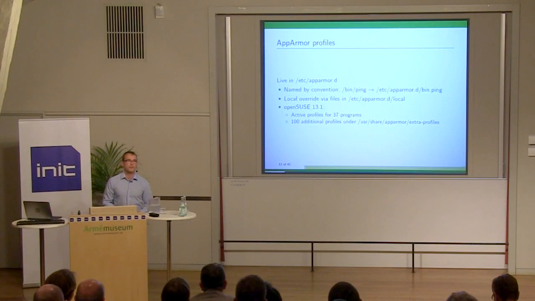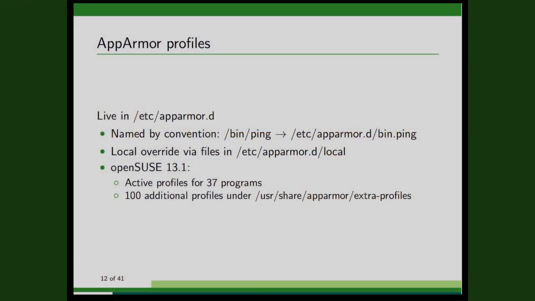For openSUSE 13.1, we currently have 37 profiles that are active by default, and we have 100 additional profiles that are not active by default. And the main reason there is that those additional profiles need some kind of configuration so they run. So it's often not very much that you have to configure, but if the normal user would just have them active by default and something breaks, then the normal Linux user doesn't know what to do.